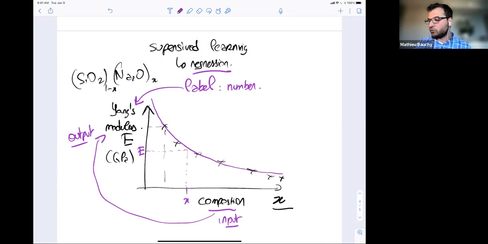So that's a continuous number. When you are trying to predict something continuous, it's a regression problem, not a classification problem. Classification is when you are trying to predict something discrete, for which you only have a few categories. Regression is when you are trying to predict a number that can continuously change. Any questions about that?